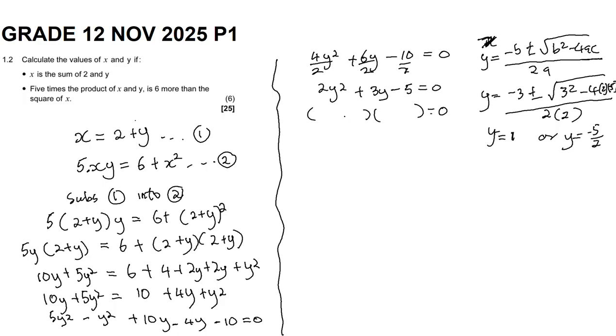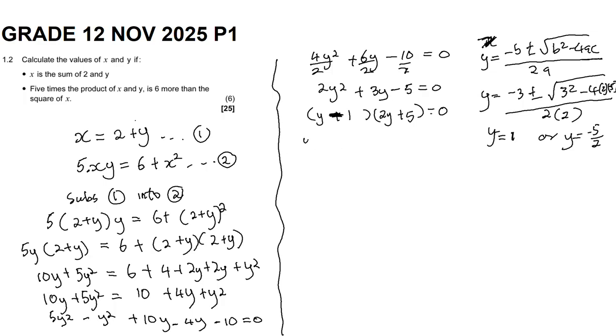So this means our factors, since y equals 1, we're going to have y minus 1, since it's positive, so it means inside the brackets it has to be negative. Then we have y equals negative 5 over 2. It means this one is going to be written as 2y plus 5, since it's negative that side, guys.